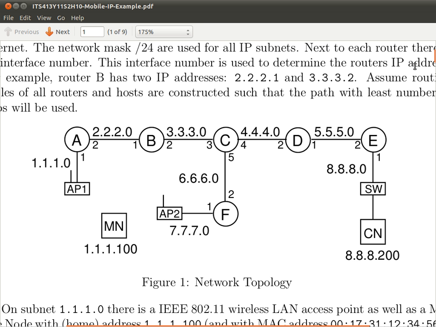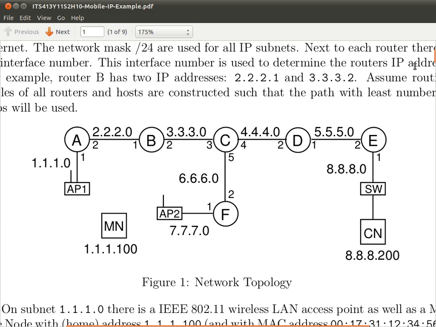The destination address is the MAC, the hardware address of the mobile node, which is our 001756 address. And if this is the wireless LAN, then we'd also have the access point address, which is the MAC of the access point, whatever value that is.